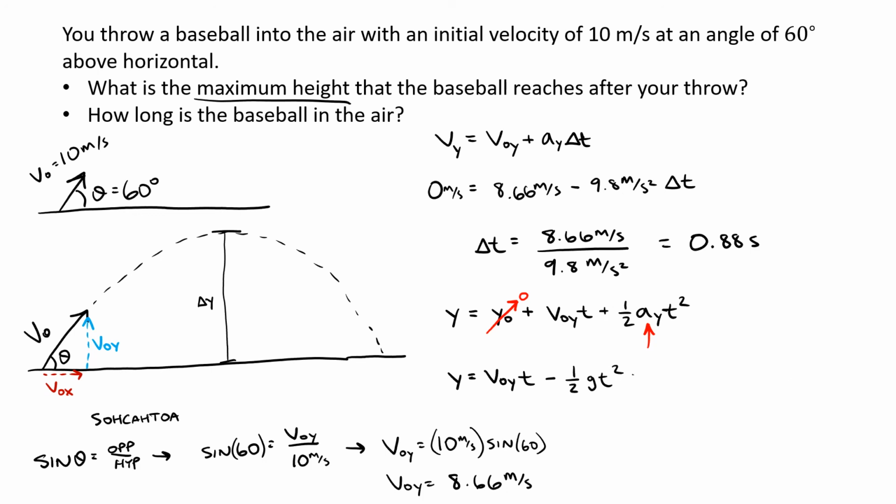So I'm going to rewrite it right there instead. So y equals 8.66 meters per second times the time, 0.88 seconds, minus 1/2 times 9.8 meters per second squared, times 0.88 squared.